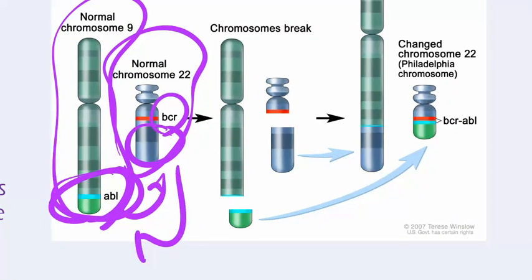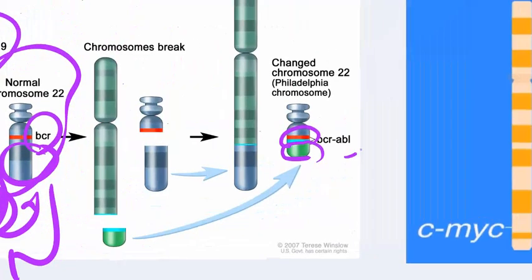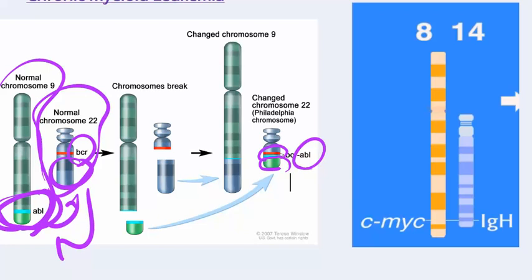Now ABL is next to BCR, so it's being transcribed much more than before, and we have a lot more of that protein product. Does that make sense?